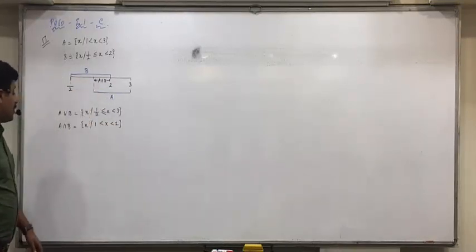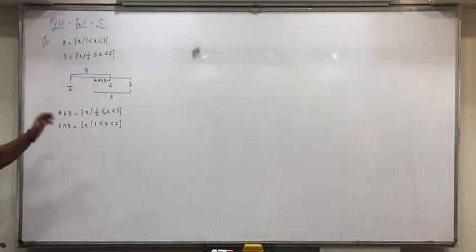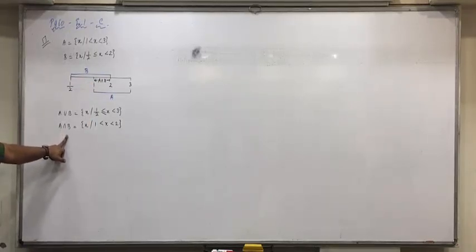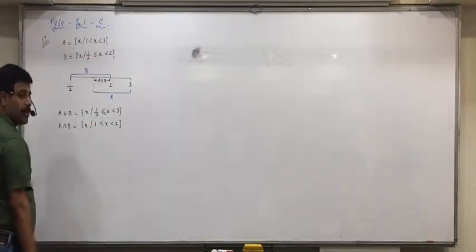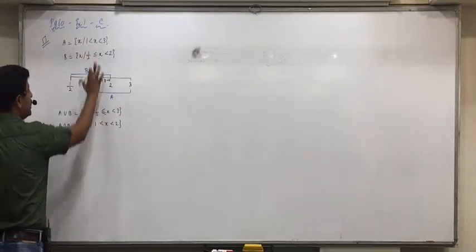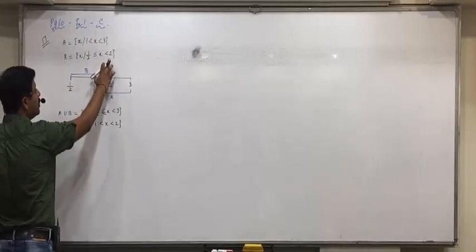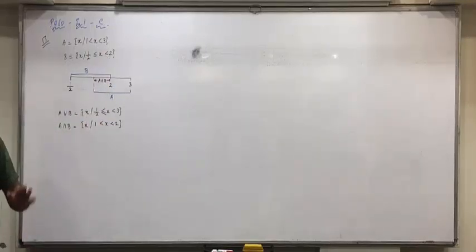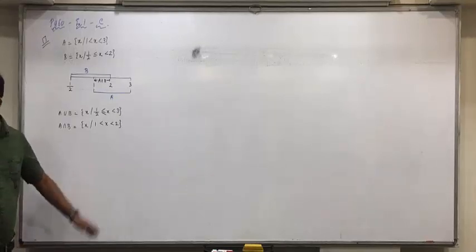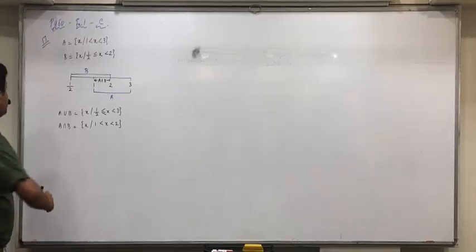Now, when will we include anything in intersection? When it is there in A and B both. 1, is it there in A? No. So it will not be included. 2, is it there in A? Yes. B? No. It's not there in B, so it will not be included. It should be there in both. Did everyone understand this?